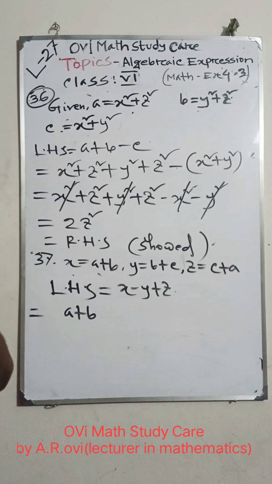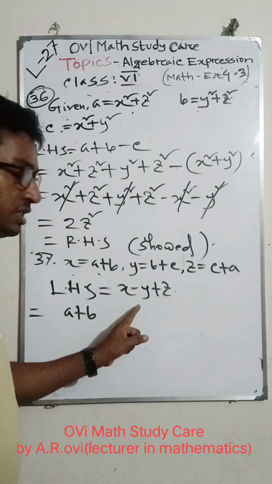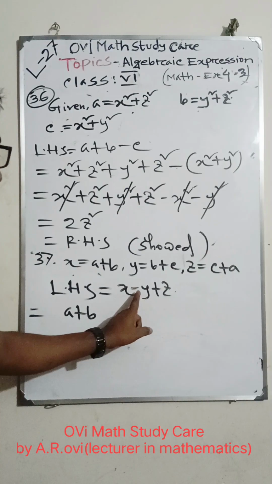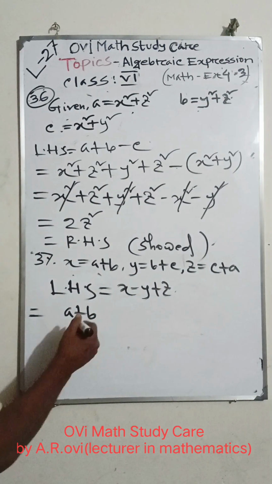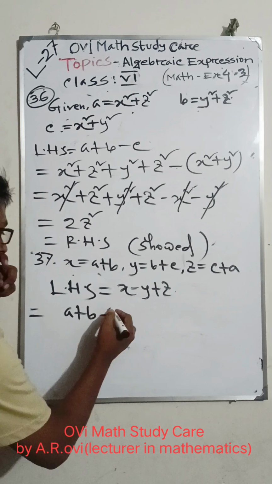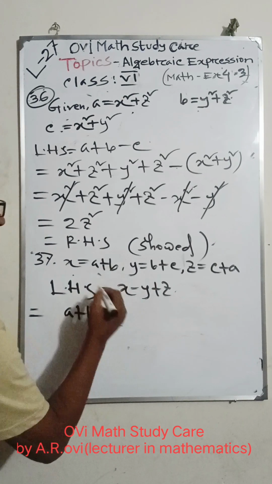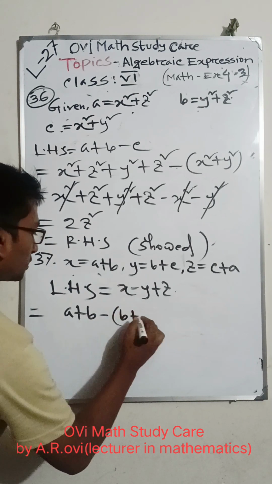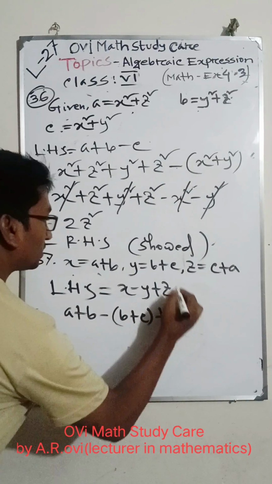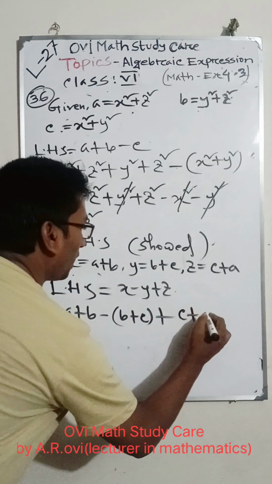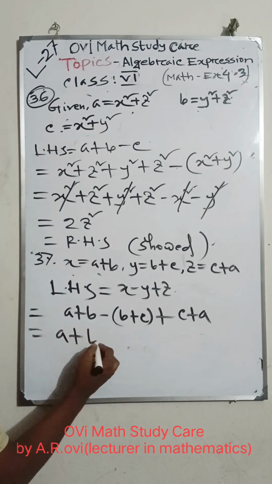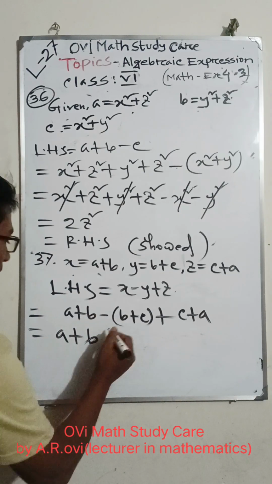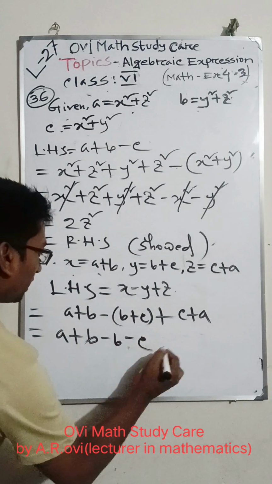What I said in the previous class, dear students, I have said that if the minus sign remains, then you should use a bracket. So I use the bracket here. Minus b plus c plus c plus a. So our next term, a plus b, next line will be minus b minus c.